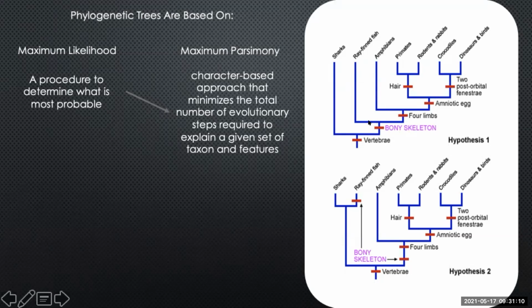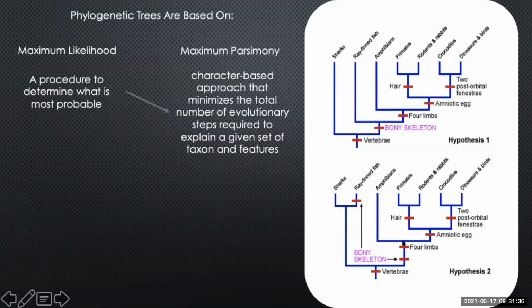Then we evolve bony skeletons, and then rays evolve, and then we evolve these limbs. Now, it's totally possible that vertebrae evolved, and then independently, rays and these ray-finned fish, like skates and stuff, evolved bone, and then this other lineage evolved bone, and then evolved 4 limbs, right?